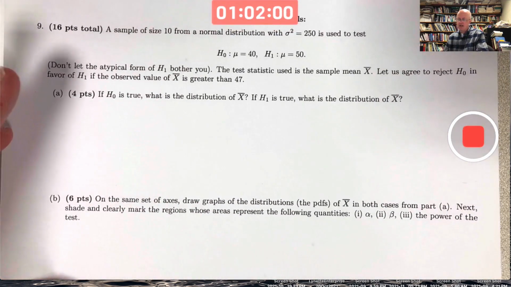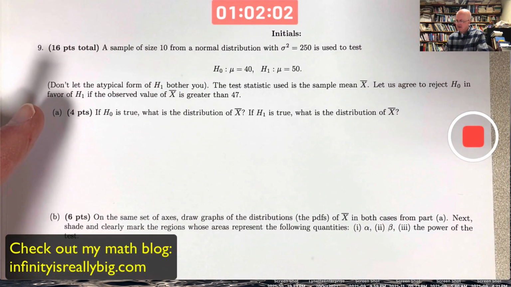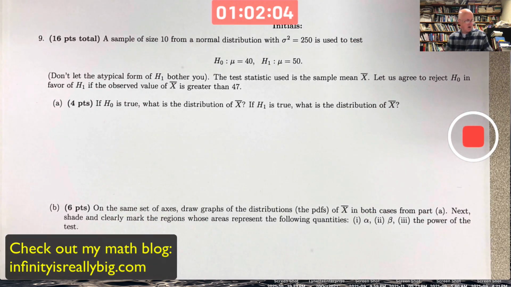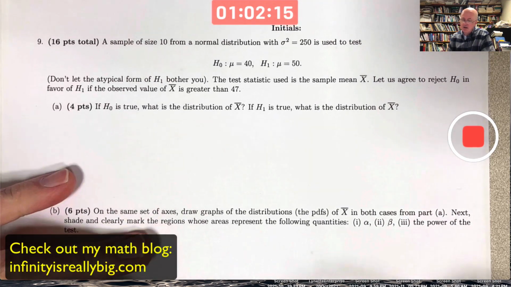The next problem is also about power and alpha and beta, but it's a bit more theoretical. It's actually quicker to think about, but you still need to understand concepts. You need to know your facts as well, like the distribution of the sample mean x bar.